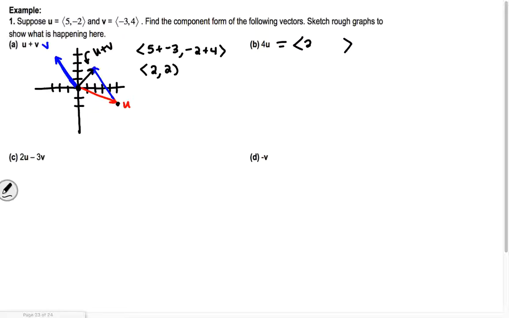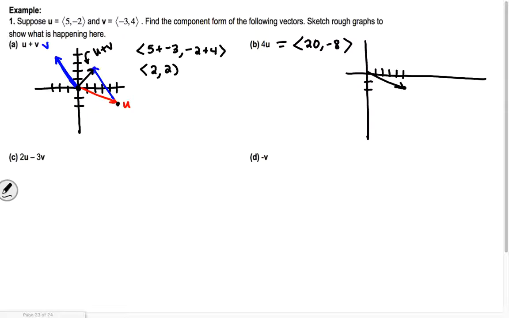Yeah, totally, 20 comma negative 8. This would be a hard one to sketch, but I'll try. I need it really big on the right side, so maybe I should draw it a little bit to the side. We'll draw it like that. So u was 5 comma negative 2, it was this.